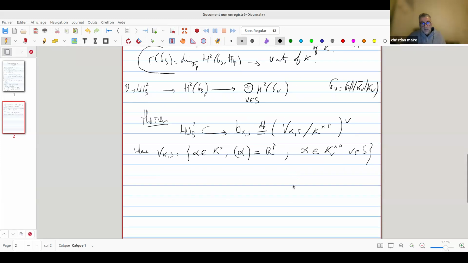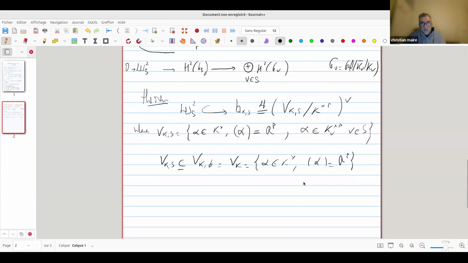So in fact it is easy to see that V_K^S is included in the V_K^∅ set, which was defined by Ravi. So it is alpha in K^* such that the ideal is a p-th power. And we should see this set as in fact a Galois extension, because we have a duality here.